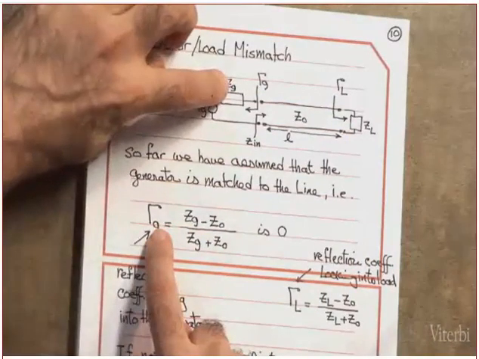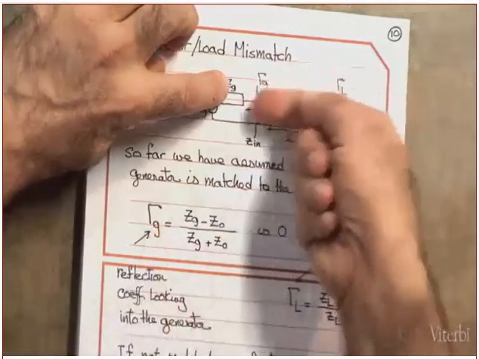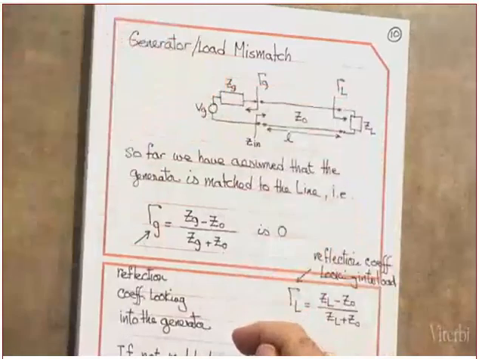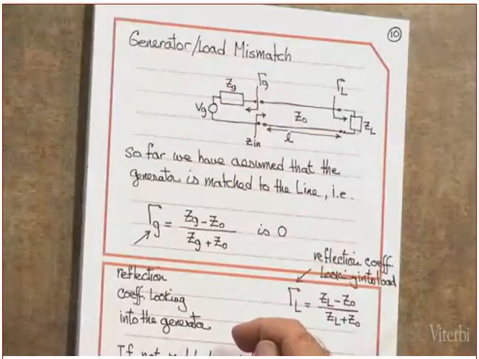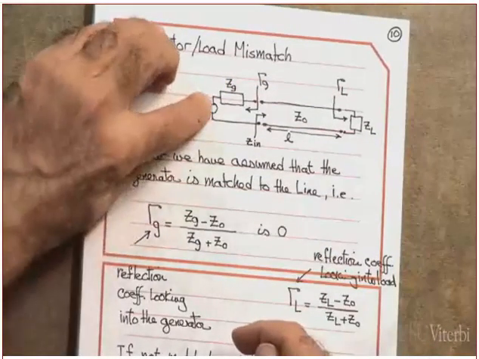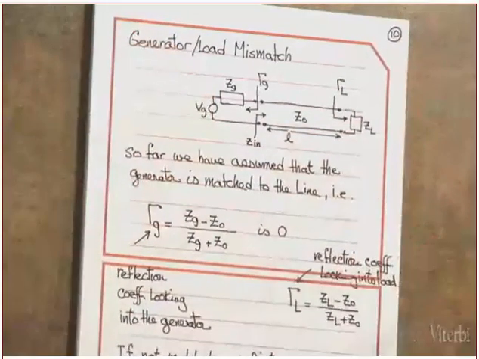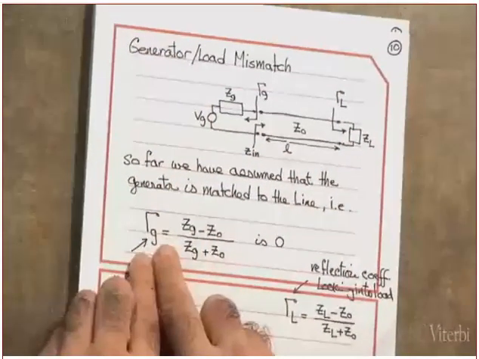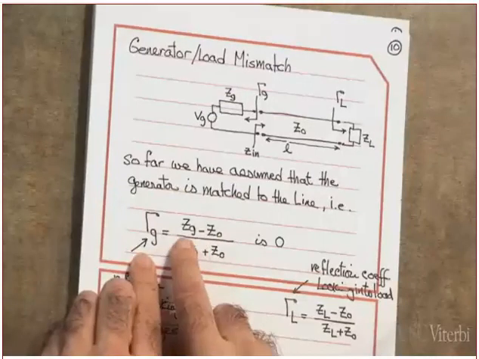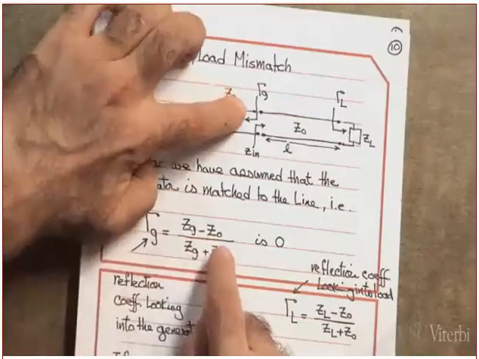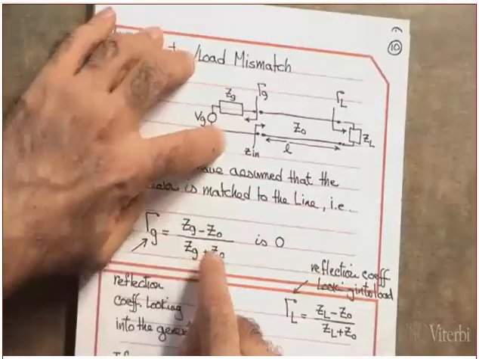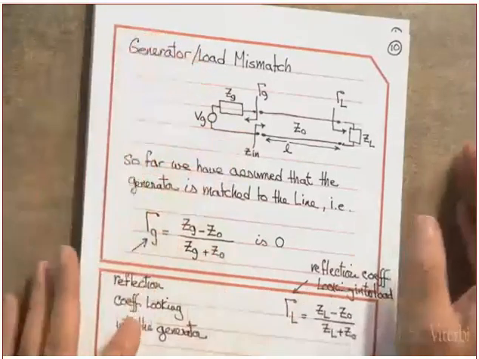If I'm looking this way, the generator is behaving as the load. This is going to be short-circuited, because I'm looking only at impedances. So I define gamma G as ZG minus Z naught over ZG plus Z naught. Did you get this or not?